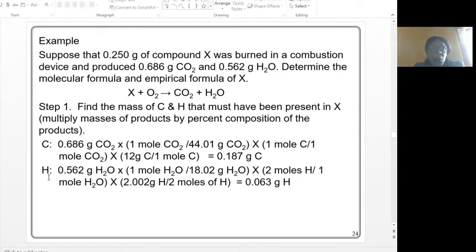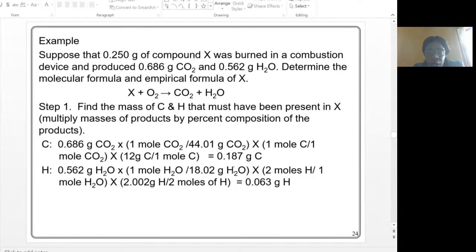Then when you go to hydrogen, how do you determine the mass of hydrogen? Get the total mass of water, because this hydrogen is in water. So it will be 0.562 grams of water times 1 mole of water over the molar mass, which is 18.02 gram, times how many moles of hydrogen are in this water.